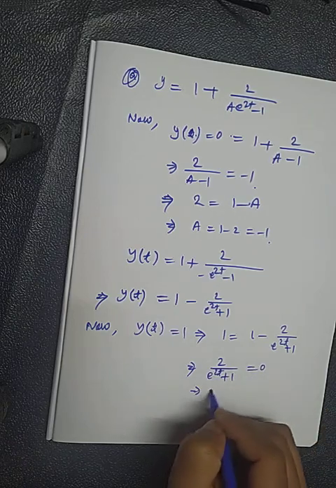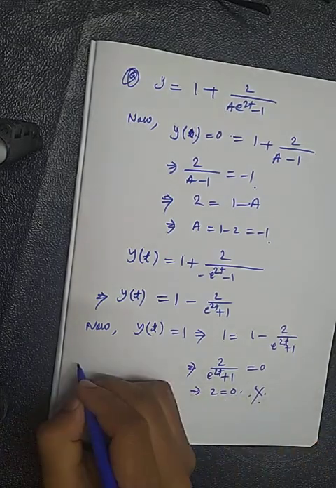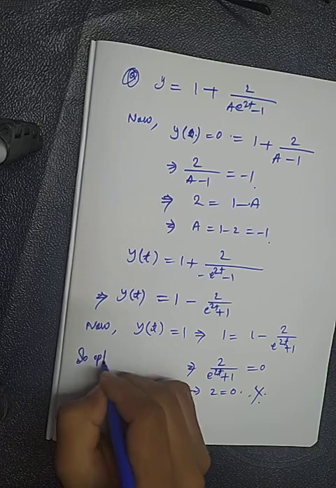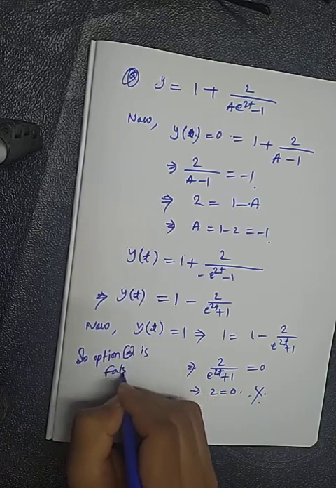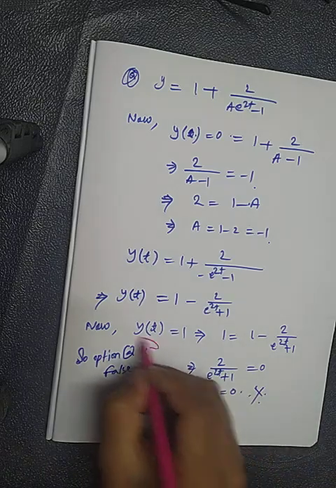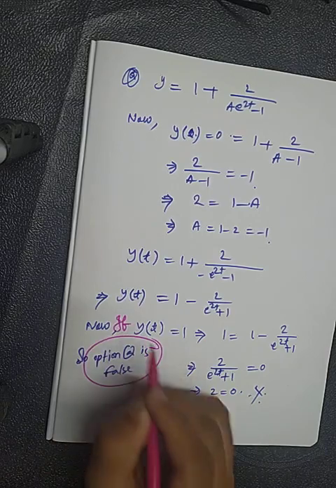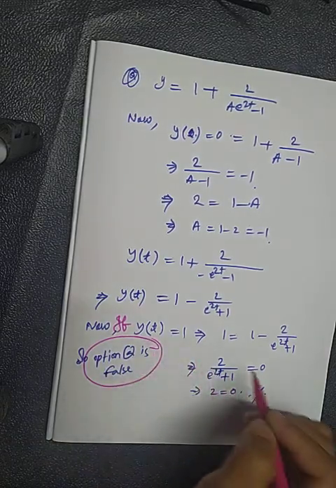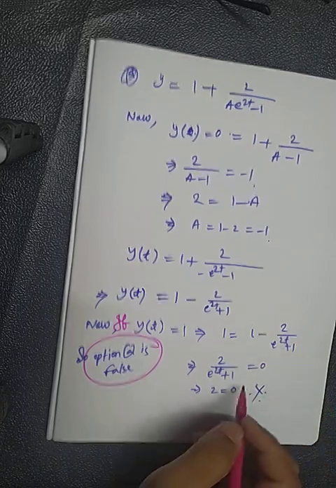This implies 2 is equal to 0, so not possible, it is a contradiction. So option A is false, because if y of t is equal to 1, this implies 1 is equal to 1 minus that term.